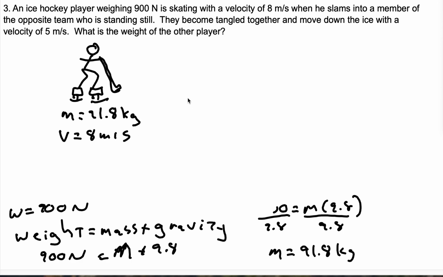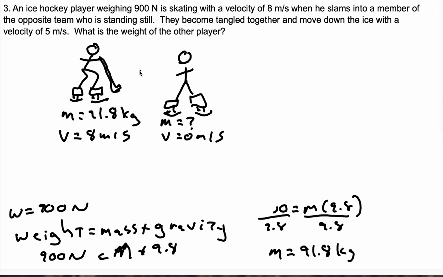Now there's another player from the other team. He's just sitting still. Their velocity is 0 meters per second. Their mass is unknown.